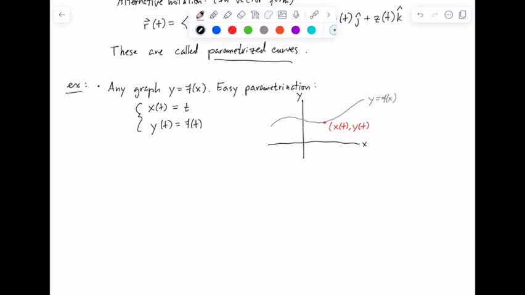An important thing about parametrization is you should always give the interval of parametrization. So if you want to capture an entire graph, suppose you want a particle to be parametrized for the entire curve, then you might want to say time is for all time, so between minus infinity and positive infinity.